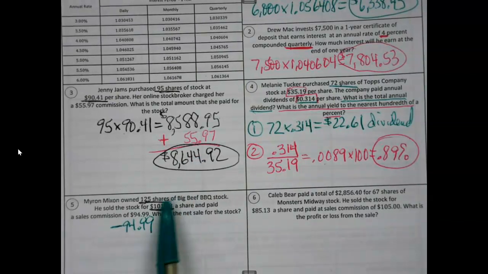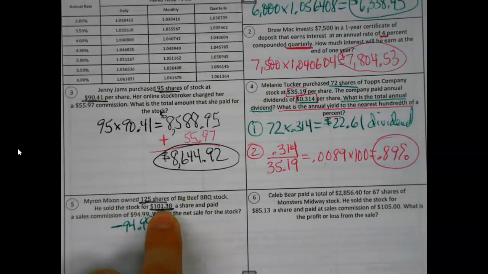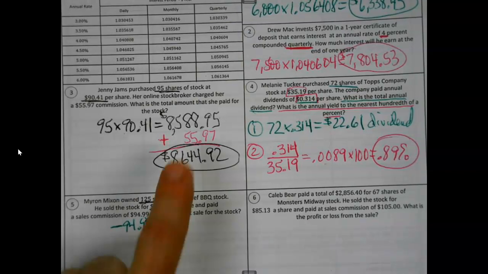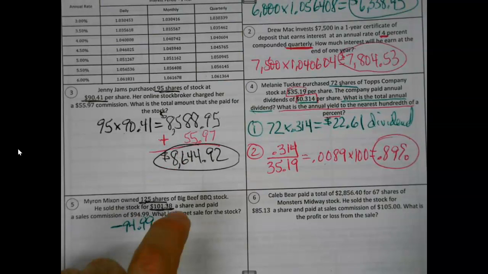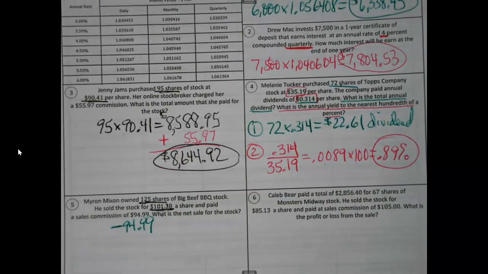When you're selling it, you subtract it, so you get less. It's not a fun situation, but multiply those to see how much you made or you thought you'd made, and then just subtract your commission. So those are two very similar problems as far as that goes. And so you're going to run into that with both of these.